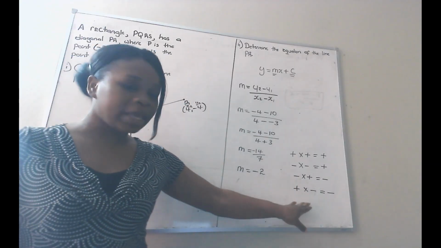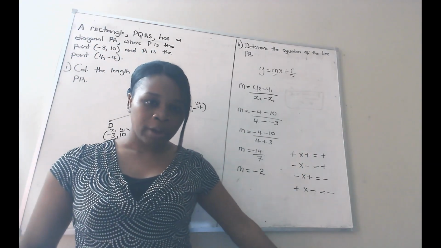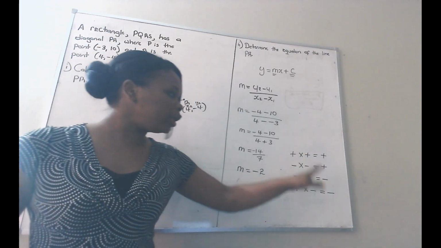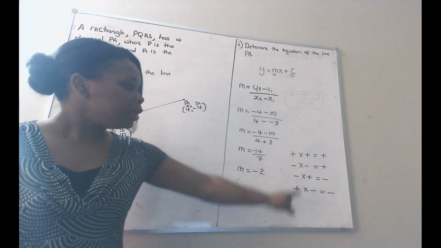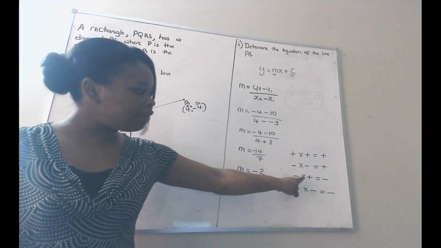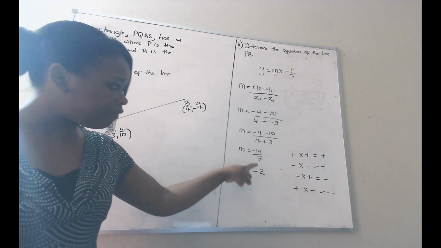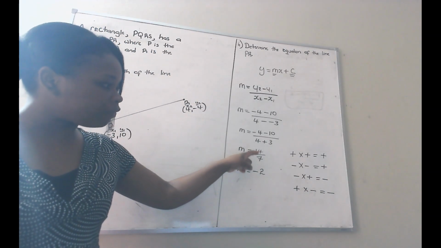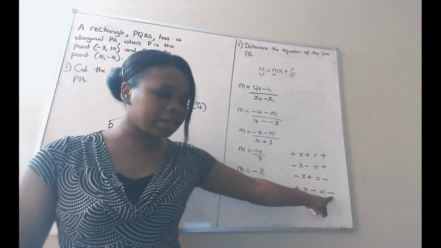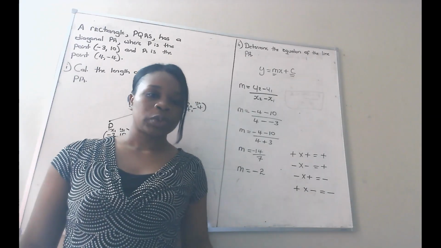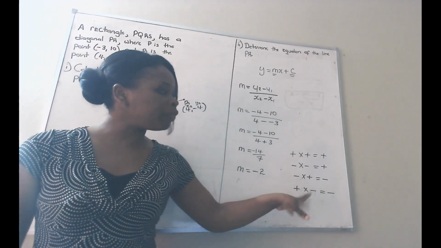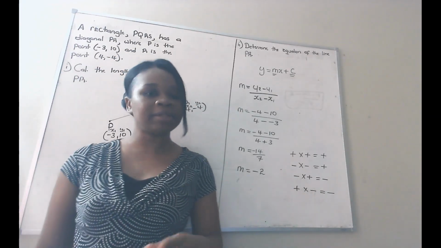So this is for multiplication, but it's the same thing that we use for division. So negative divided by positive is negative. So in this case, we divided positive into negative. So positive into negative is negative. So this works for both multiplication and division.